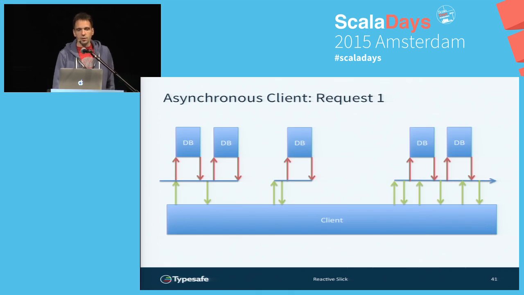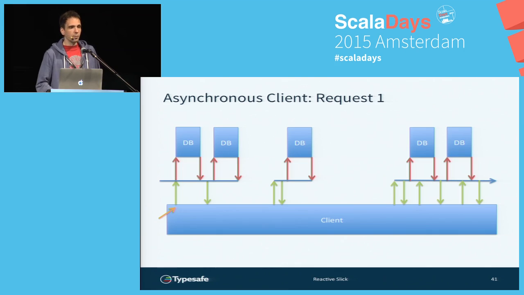So now we do something like this. This is the simplest case where the client always requests a single element from the stream. So at this point, he requests the first element when we start the stream, and immediately we go to the database. These are actually independent actions. They just happen to be at the same time when we start the stream, but they run on different threads.